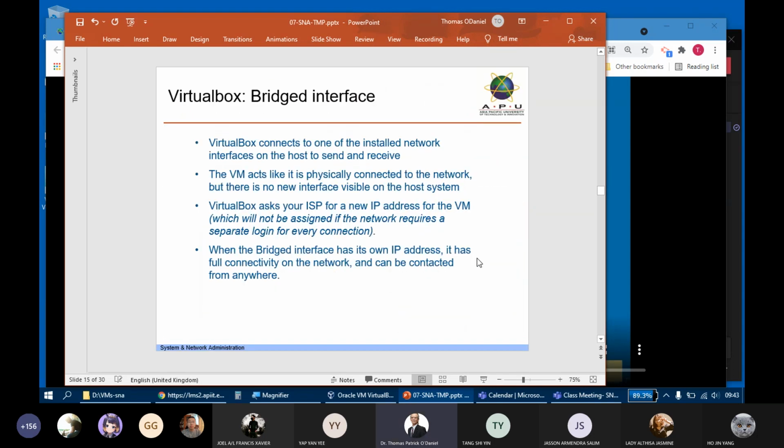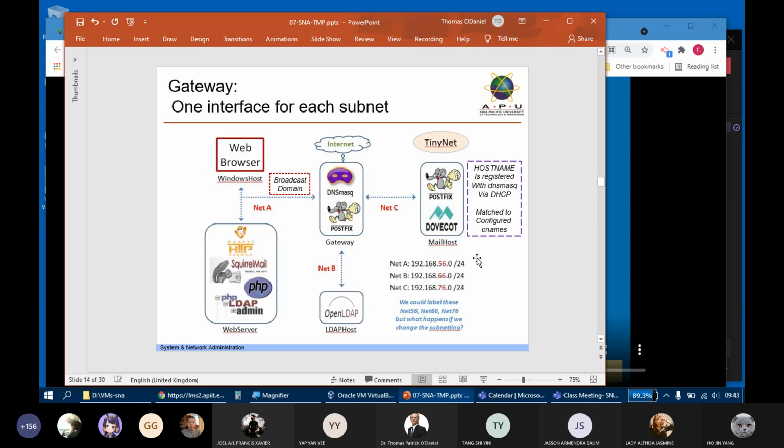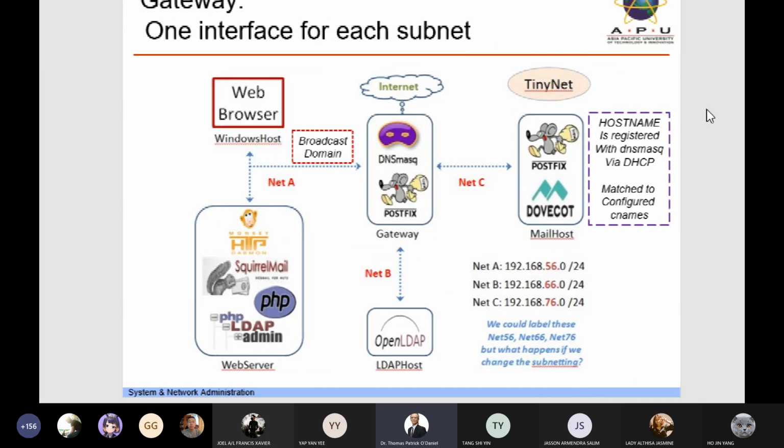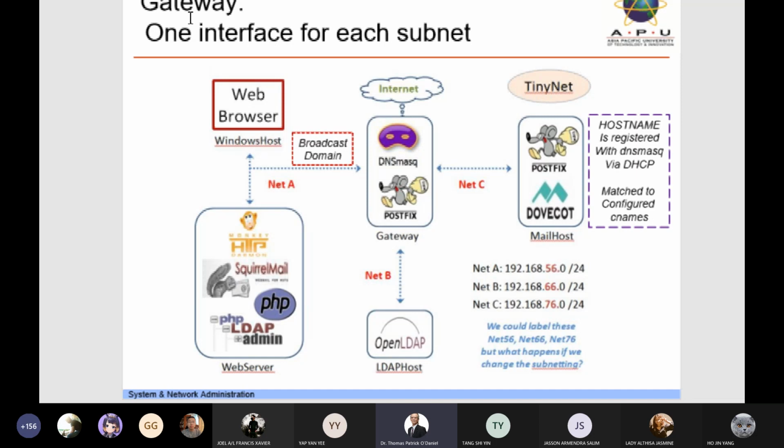Why am I doing that? Because first of all, I need one for each subnet, which is a host-only adapter, 1, 2, 3. And then I need this one to access the internet at large. That makes it a realistic system. If I was having mail coming in from Gmail or from Outlook, somehow it would have to come in on this interface that connects to the global internet.